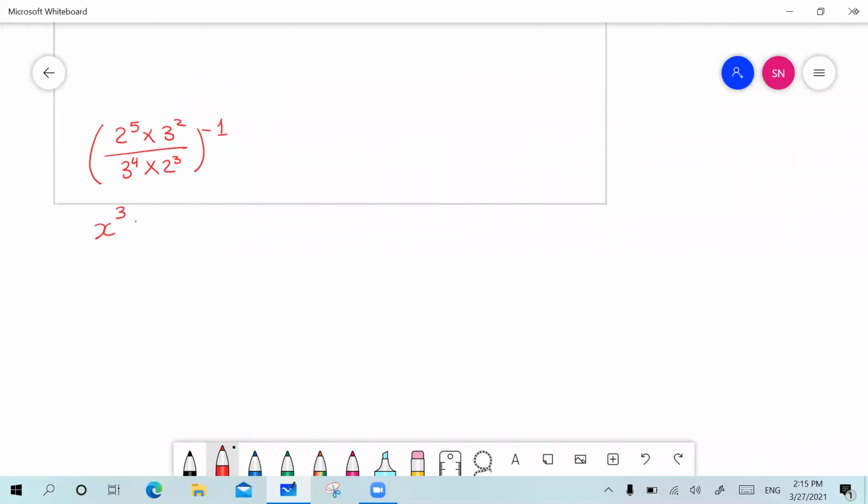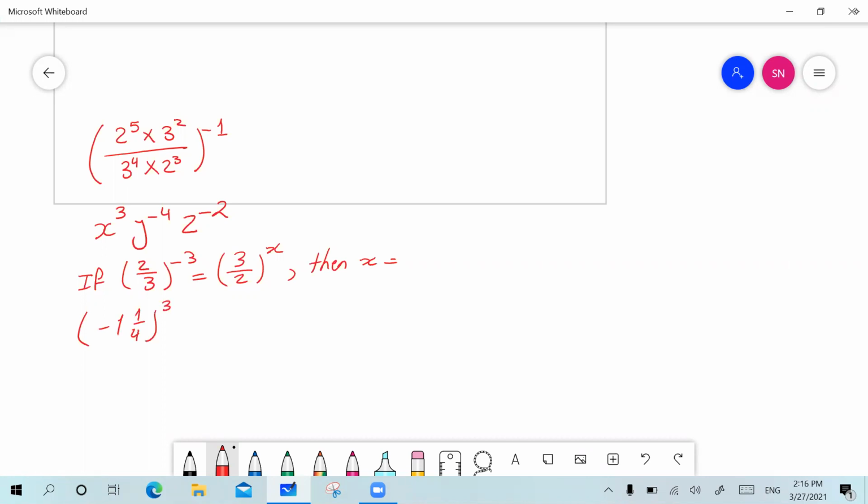X to the power of 3, y to the power of negative 4, z to the power of negative 2. If 2 over 3 to the power of negative 3 is equal to 3 over 2 to the power of x, then x equals. Negative 1 1/4, all raised to the power of 3.